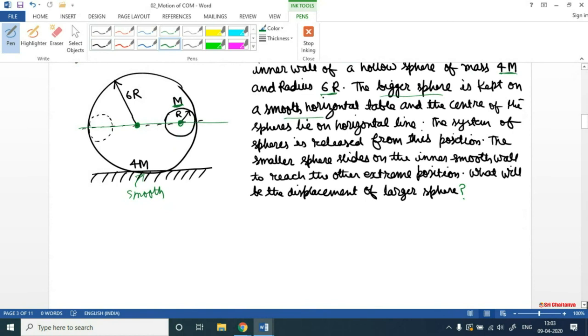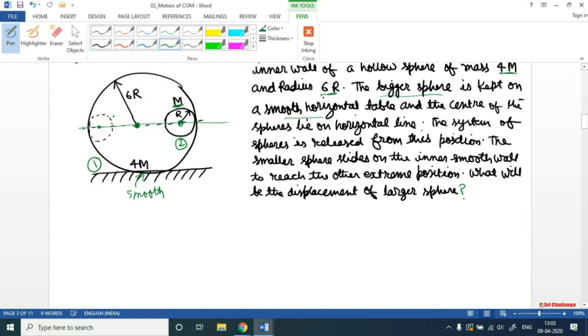So how are we going to find out the displacement of the larger sphere? Let's name the larger sphere body number 1, and the smaller sphere body number 2. Now you can see the initial position of this smaller sphere is here, and the final position is here, but the larger sphere itself would be moving.